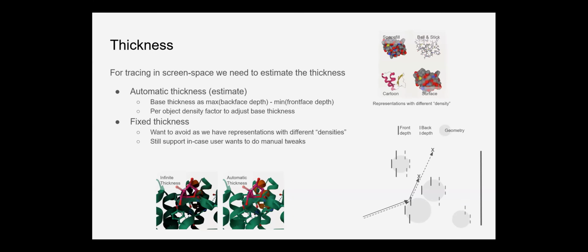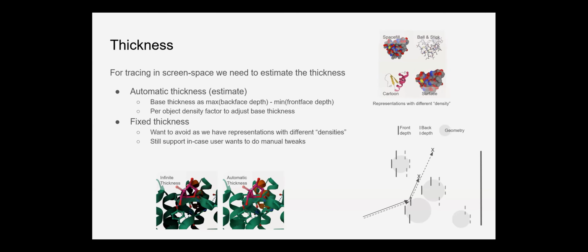And yeah, a few words about the thickness. We need to somehow recover the thickness, because it is lost if we only have screen space information as input. We want to make it as automatic as possible, so the user doesn't have to fiddle with parameters to make it look good.